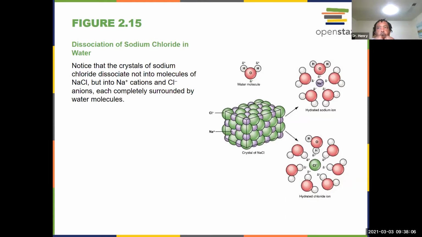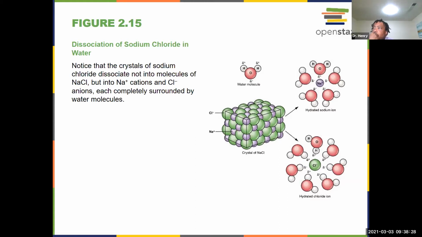Now water actually gets between them. Because water is polar, it has a partial negative around the oxygen and a partial positive around the hydrogen.